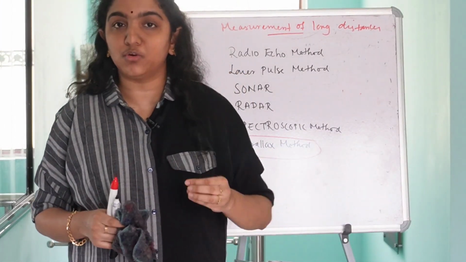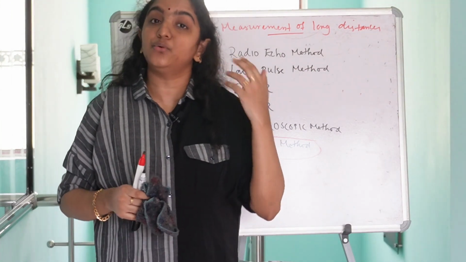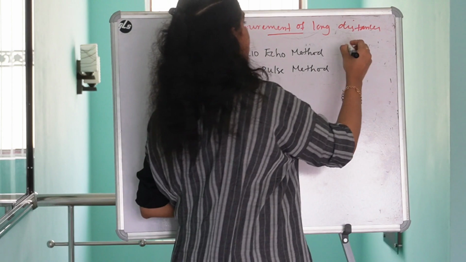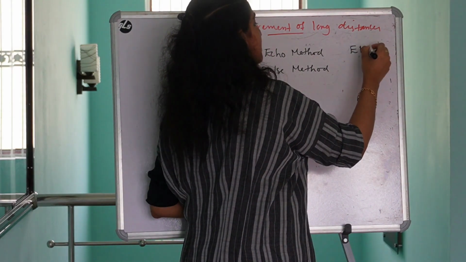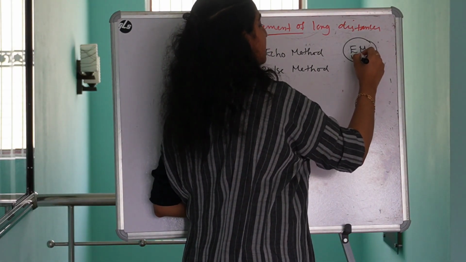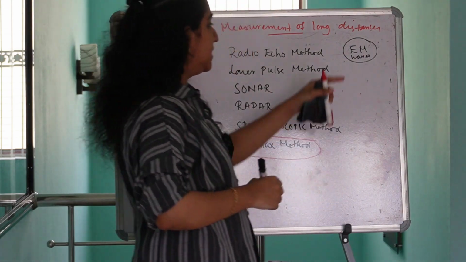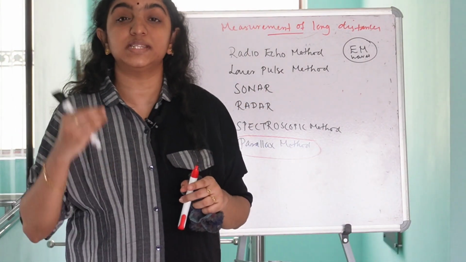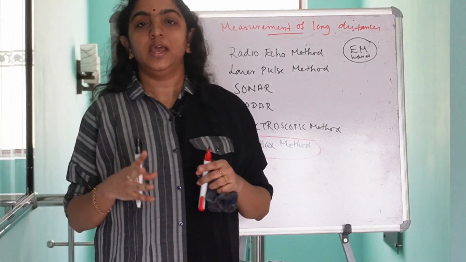In the radio echo method, we either send sound waves or EM waves. What are EM waves? We will discuss EM waves in detail in some other chapter. For the time being, EM waves are otherwise known as electromagnetic waves.